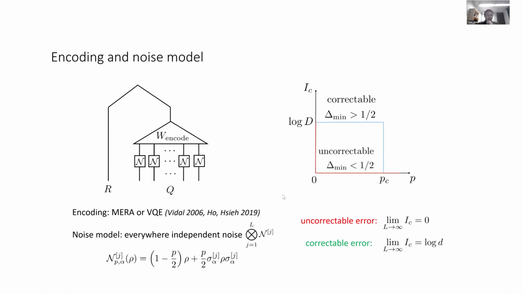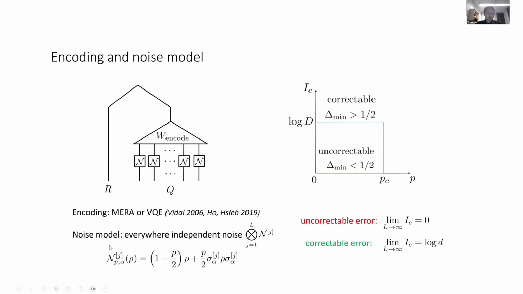Okay, so now let me summarize what we have gone through so far. For the CFT code, we have the encoding, which gives you the CFT low energy eigenstate that can be achieved by a MERA or a variational quantum circuit if you want. But that part is not important as long as we have prepared the code word, the encoding part is done.